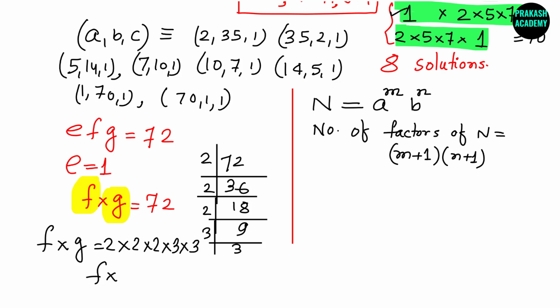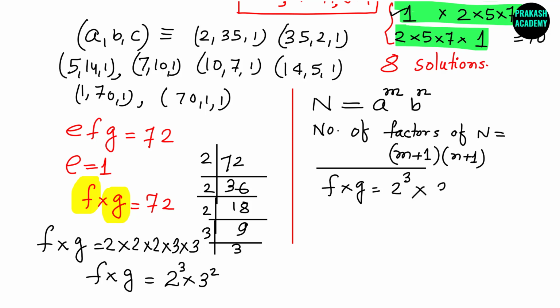That is, F times G is equal to 2 raised to the power 3 times 3 raised to the power 2. So now I will use this formula. How many factors will I have? In this case, m is equal to 3 and n is equal to 2.